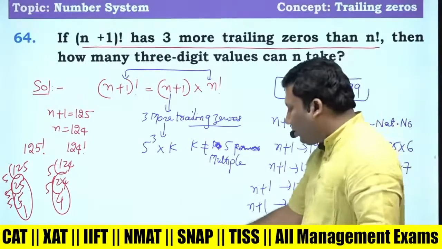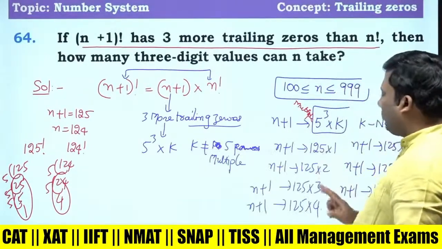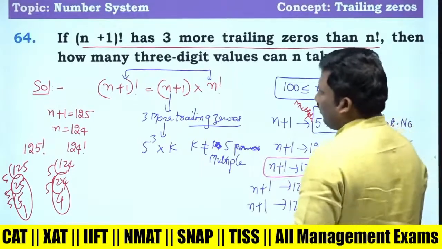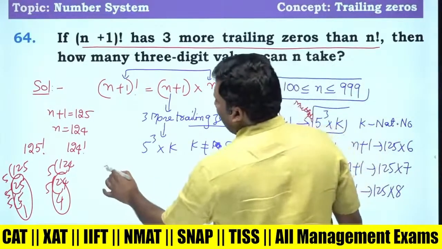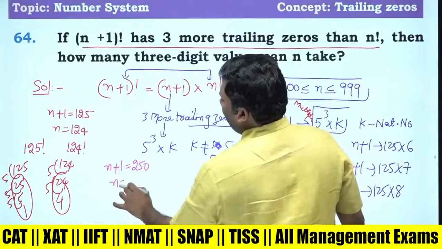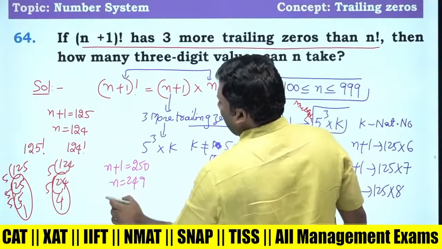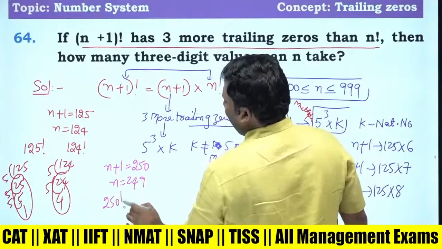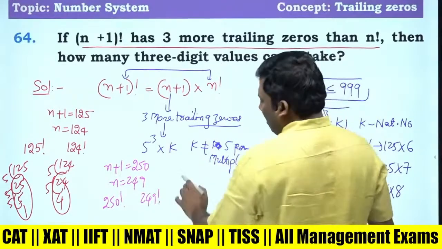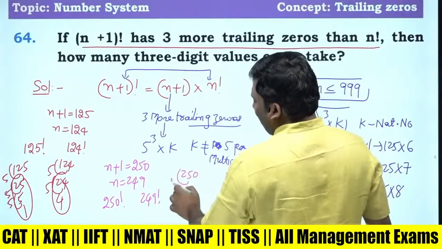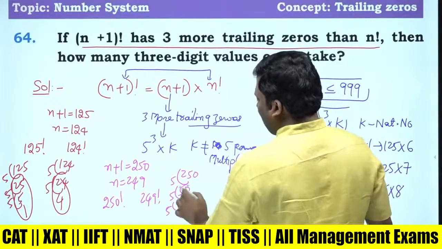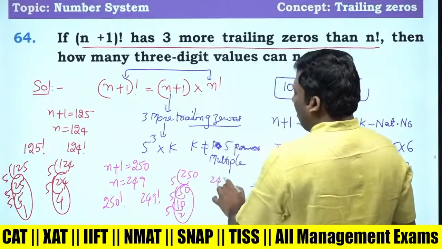Let me check it out by taking one more number. N plus 1 is 250, so n will become 249. This is 250 factorial and this is 249 factorial. For 250: 5 50s are, 5 10s are, 5 2s are, 62 I got.